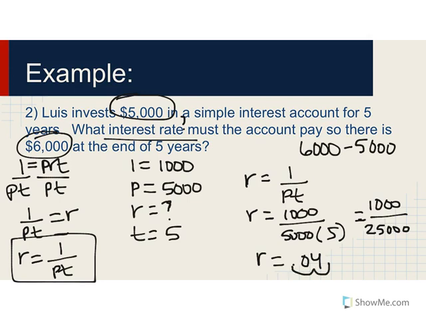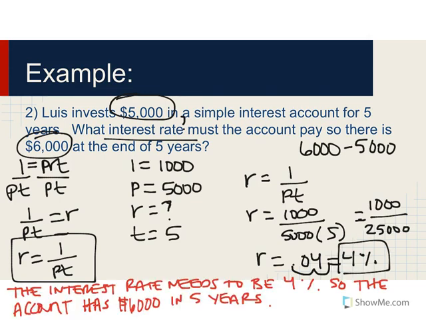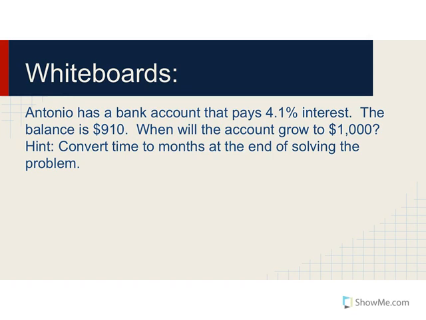I need to move this decimal 2 times to the right in order to get that percent. So now I have 4%. I'm going to write my complete sentence now, identifying what that answer actually means. My complete sentence says the interest rate needs to be 4%, so the account has $6,000 in 5 years.